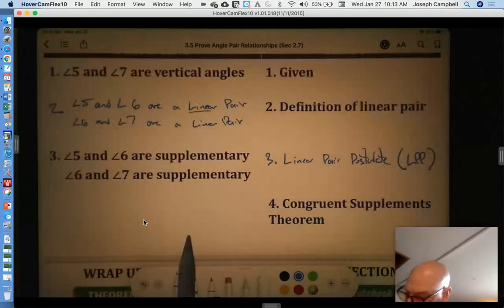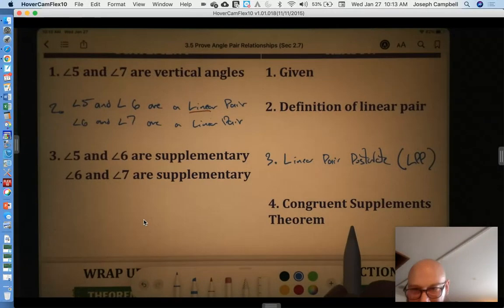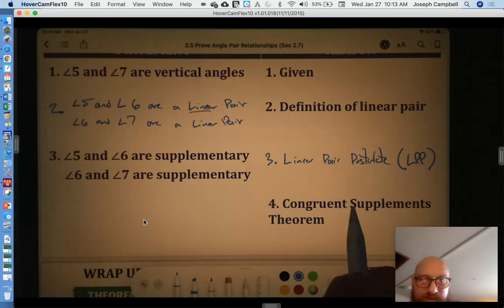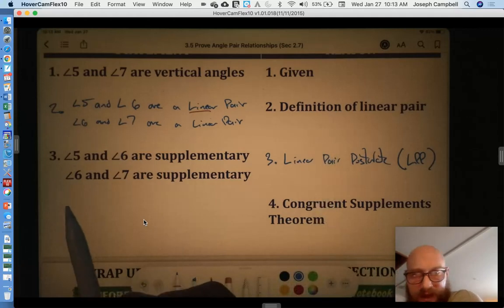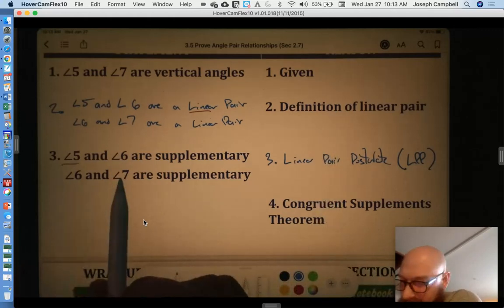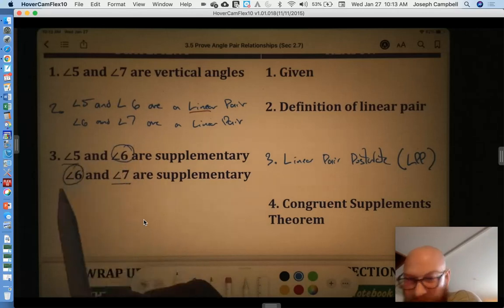All right, so now we're going to use the congruent supplements theorem. Remember what it said: if two angles are supplementary to the same angle, then those two angles are congruent. What two angles are supplementary to the same angle? 5 is supplementary to 6, and 7 is supplementary to 6.